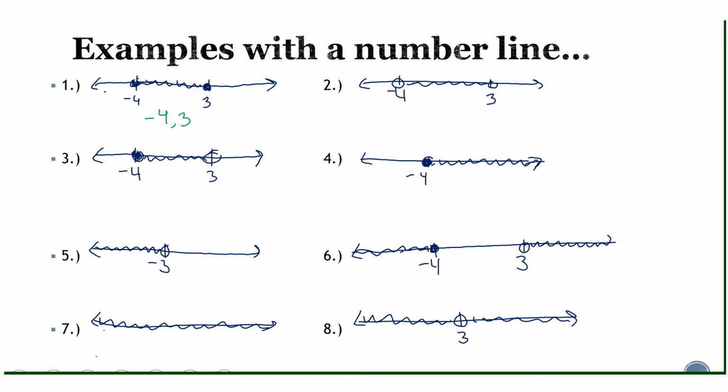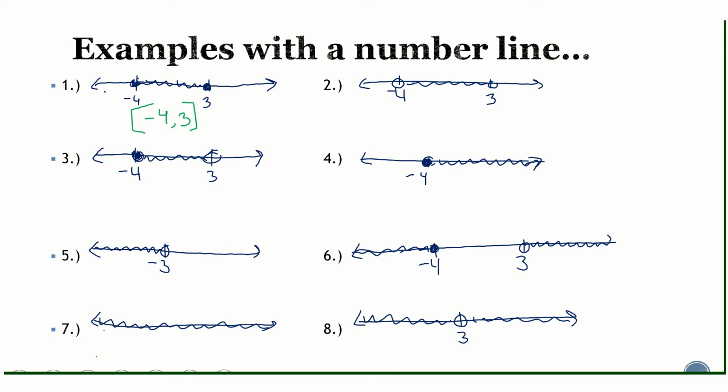And they're separated by a comma. If the number is included, then you use a bracket. And so the interval notation would look something like that. You'd have the bracket and then -4, comma 3, and then another bracket because both the -4 and the 3 are included.